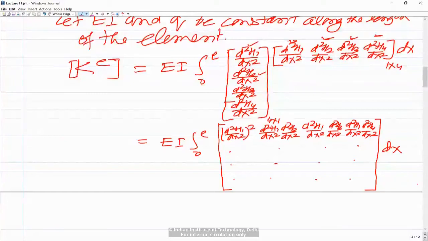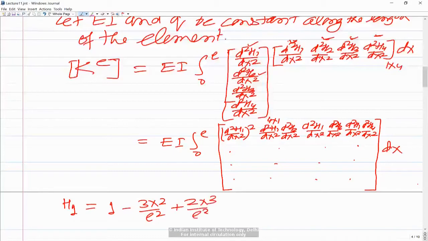And for the second derivatives, we have already defined the Hermite interpolation functions for this Euler-Bernoulli beam element. So H1 was 1 minus 3x square upon L square plus 2x cube by L cube. So this was H1, its first derivative dH1 by dx would be equal to minus 6x by L square plus 6x square by L cube.